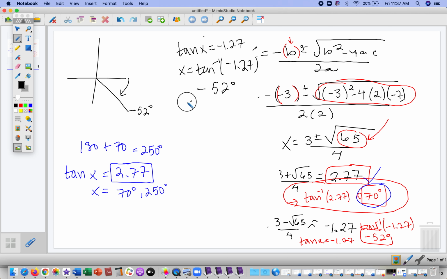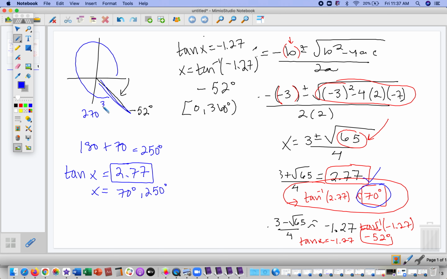However, in the beginning, it says we want our answers between 0 and 360. So we need to figure out what this same spot is that's between 0 and 360. So what we can do is spin around and say 270 plus this little sliver, right? And we know this little sliver is going to be 90 minus 52.